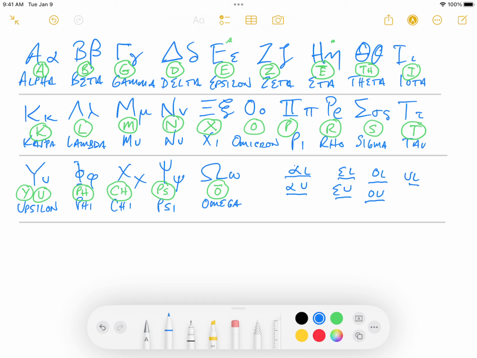These would transliterate well as, respectively, I, AI, ow, AU, A, EI, O, as in pseudonym, oi, again as in oink, oo, and UI, wee.